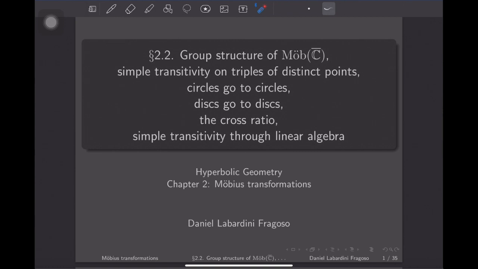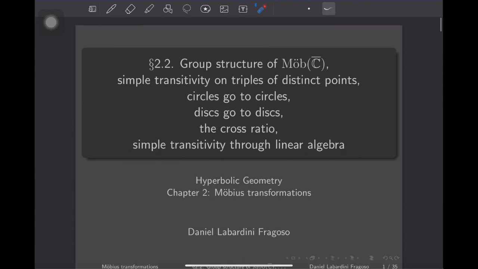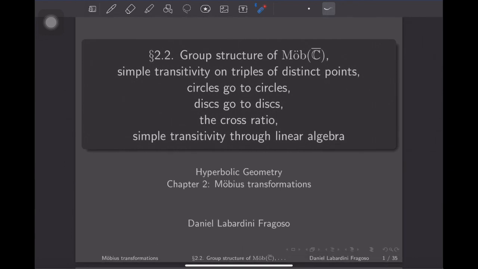But somehow the point of view today is that these Möbius transformations are the ones that I'm going to use to push to study the arbitrary one. So this is really going to be a tool to later on study arbitrary Möbius transformations.